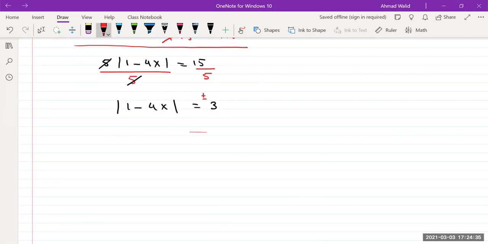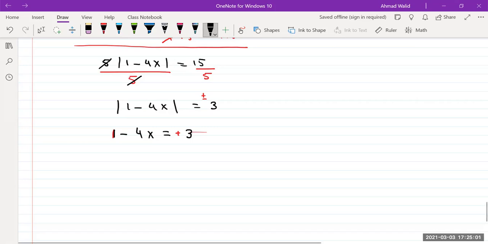The first one: 1 minus 4x equals positive 3. I'll put a positive here to remind you, but you don't need to write positive 3. You can write only 3. Because in this example, I'm explaining everything, I put a positive in a red sign.